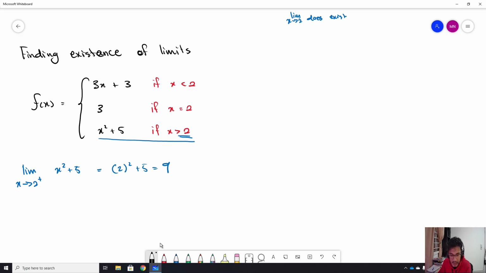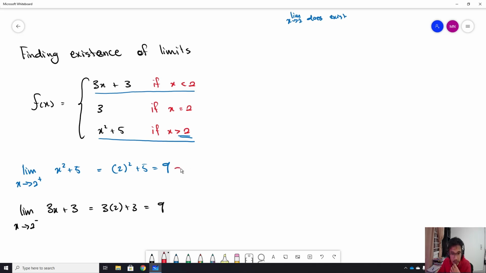So that is for limit x approaching 2 coming from the right. So now let's try for limit x is approaching 2 coming from the left. So from the left we have to choose this equation, because the equation consists of a number less than 2. So we take 3x plus 3. So equal to 3, 2 plus 3, so equal to 9.